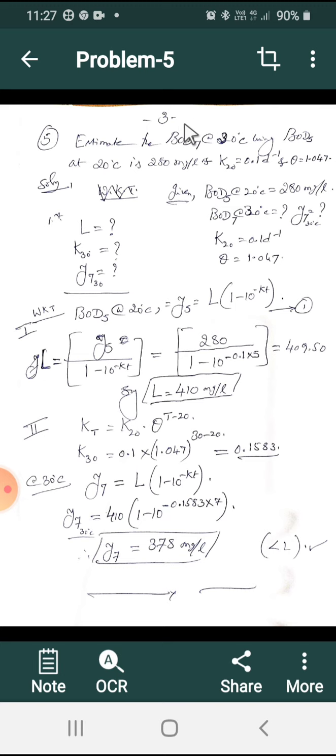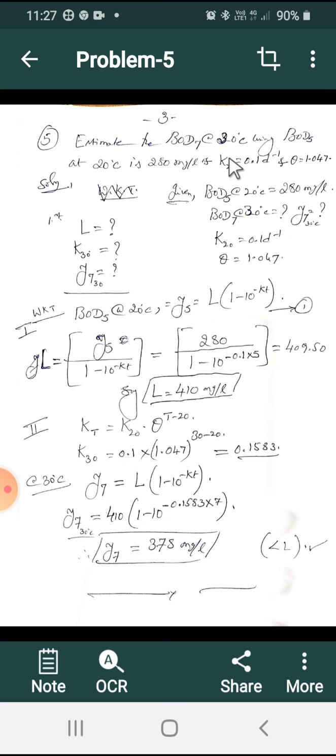They have given all the values except a few. Here, BOD 5 is equal to this much, and BOD 7 at 30 degrees centigrade is equal to question mark, and K20 is 0.1 day inverse, and theta is equal to 1.047.